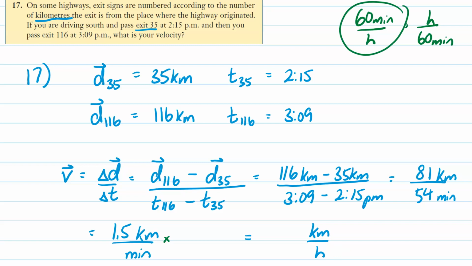So we multiply 1.5 kilometers per minute by 60 minutes per hour. Minutes on top and on the bottom cancel out, and you're left with kilometers per hour. So 1.5 times 60 equals 90 kilometers an hour, and that is your final answer.